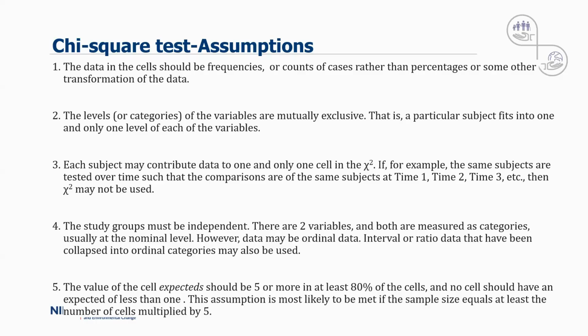And you will see a lot of literature. In fact, there are references that have done reviews on chi-square test reporting, and you will see that there are several publications that report chi-square tests even when the cell frequencies are less than 1 or less than 5. That is incorrect.